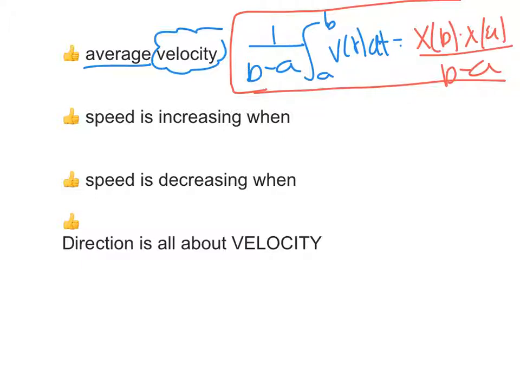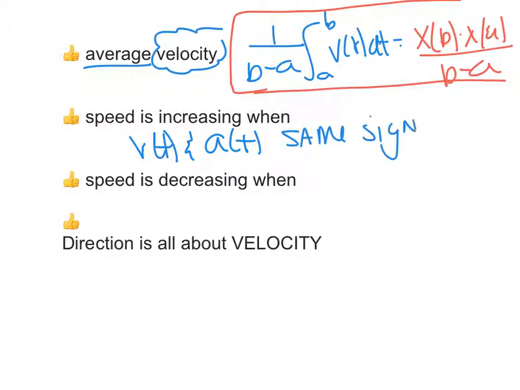When is speed increasing? Well, speed is increasing if v of t and a of t have the same signs. I have to apologize for my pen here. It's kind of dying. Speed is decreasing when v of t and a of t have different signs.